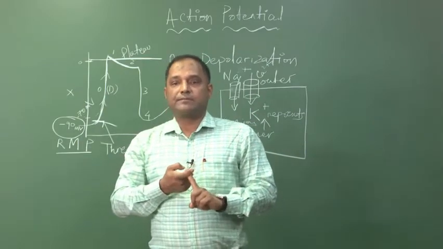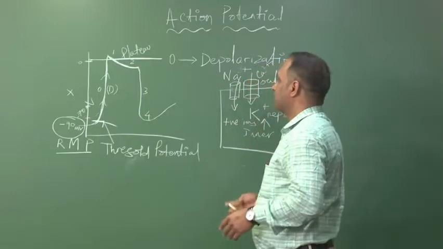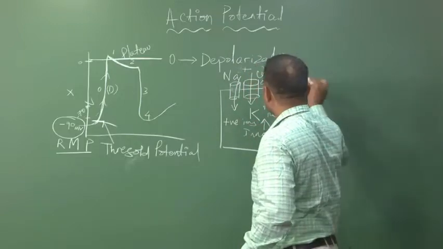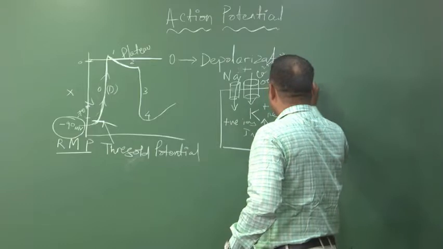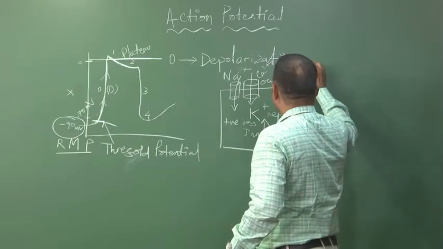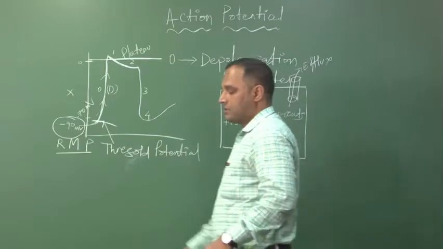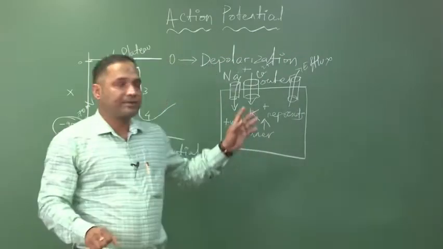Looking at the calcium, potassium, his friend, goes outside. So this is the channel through which potassium efflux happens.